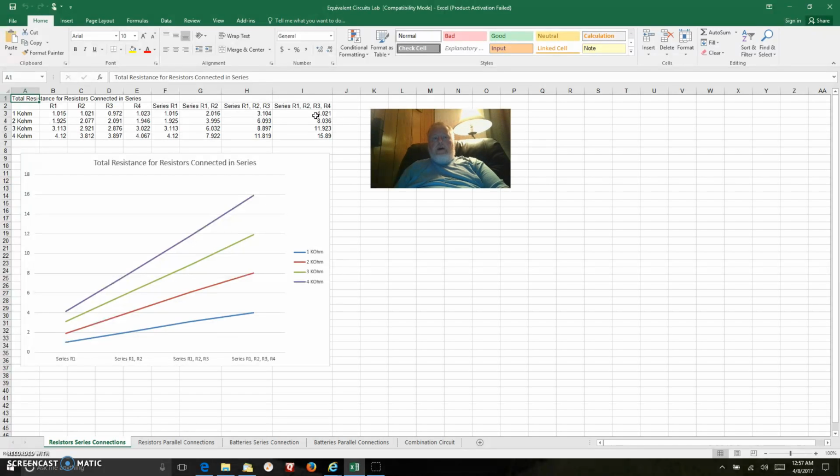And they repeated the process for 2 k ohms, 3 k ohms, and 4 k ohms, and then plotted the results. So what I would want students to infer from this graph is that the relationships are linear.